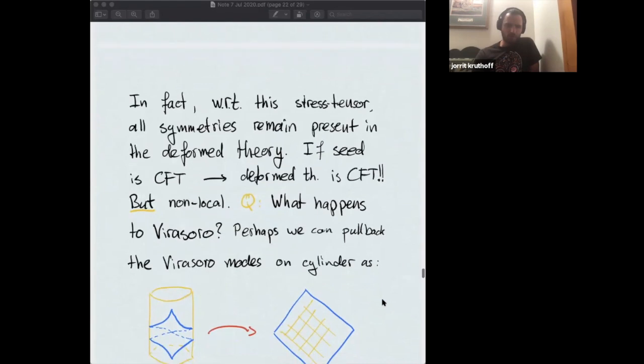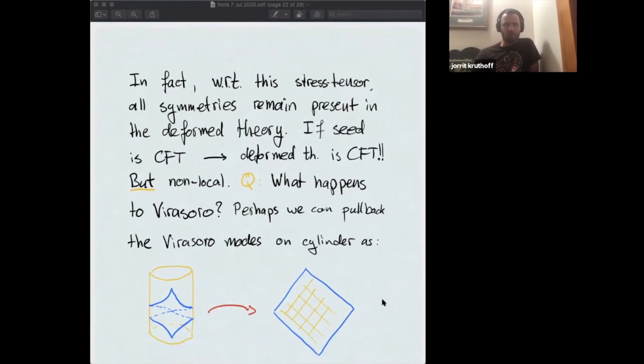One question you can ask, just really quick, is: is there still a Virasoro symmetry in this theory? So can I still construct the L_n operators, for instance? One thing you can do is consider a diamond on the cylinder and pull back the modes to the plane.